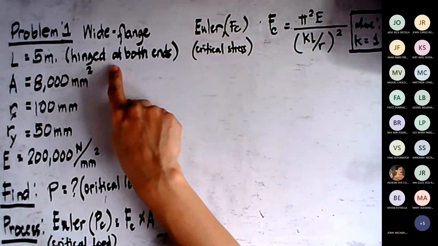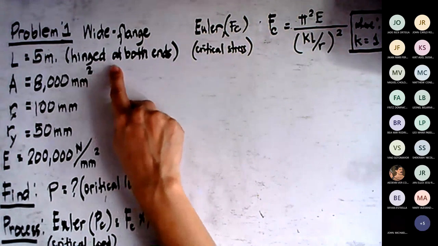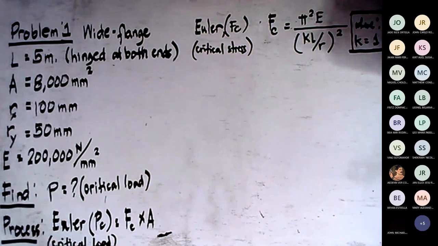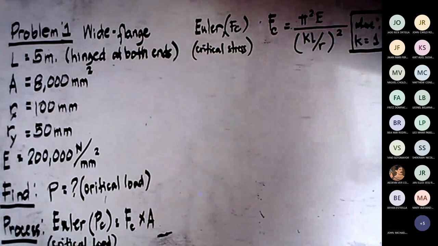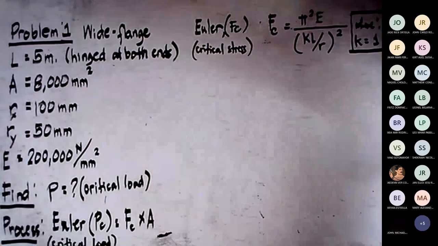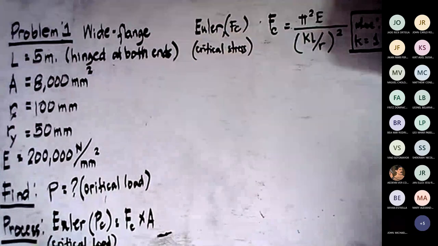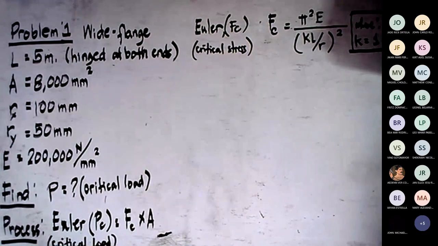According to our problem, it is hinged at both ends, so we are going to use K equal to 1.0. There are other conditions wherein the end conditions are fixed at both ends. That has a value of 0.5.